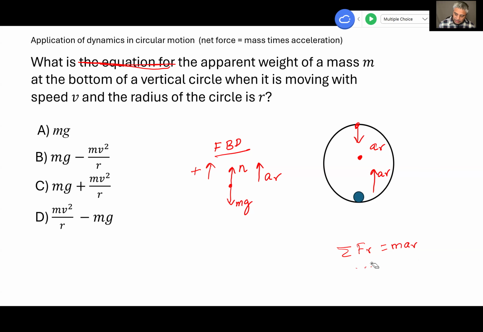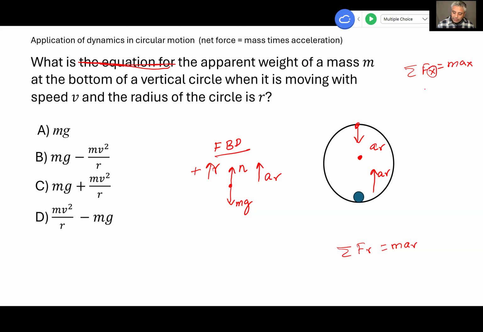now let's expand this. Oh, this is our radial axis, right? So rather than writing x or y as for translational motion, for circular motion, what do we do?